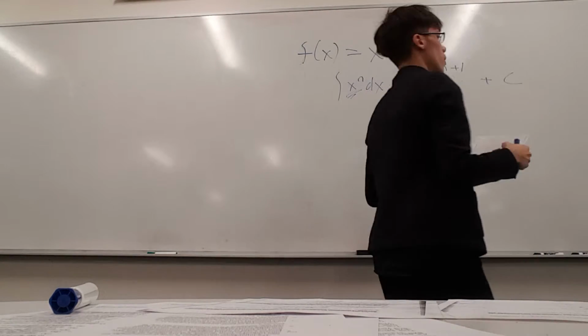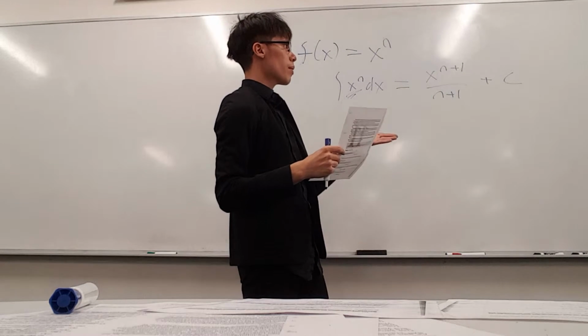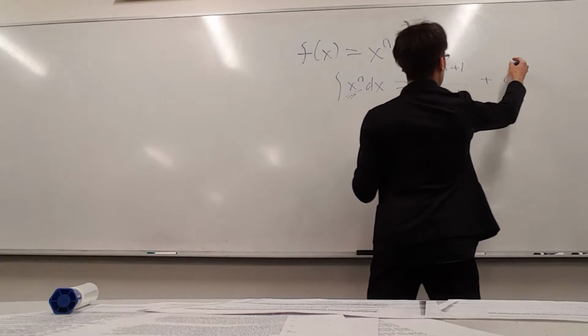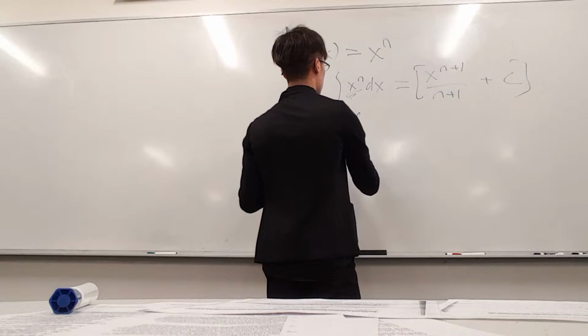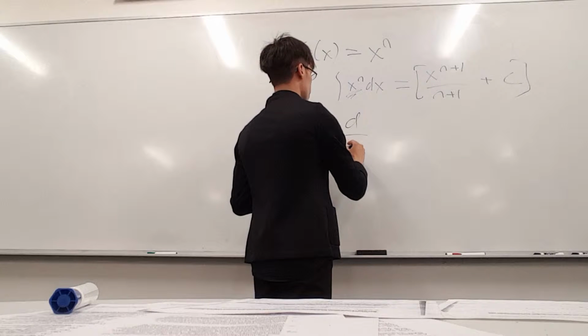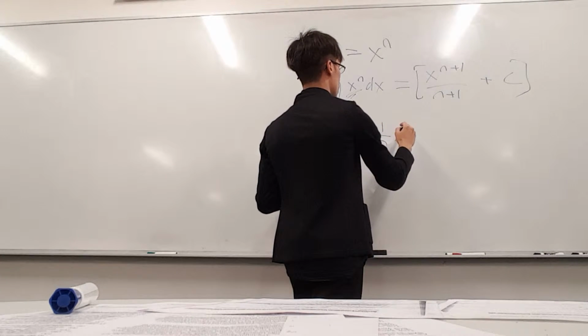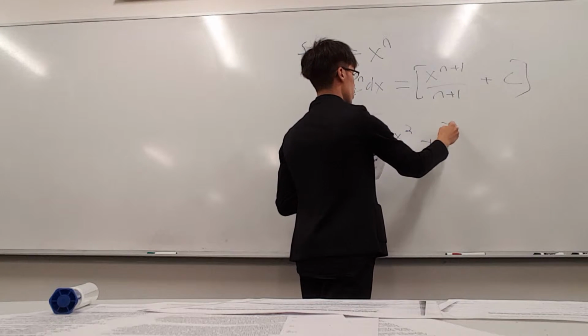Further, if we were to include the C, and take the derivative of the entire side, I'll just give an example of 1/2 x squared plus some constant, let's say 1.